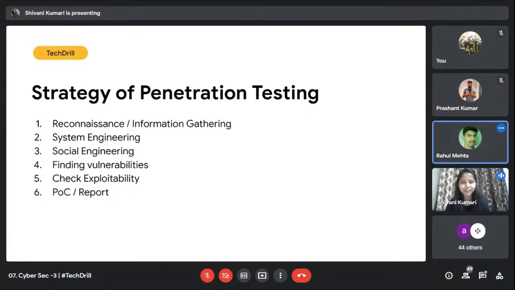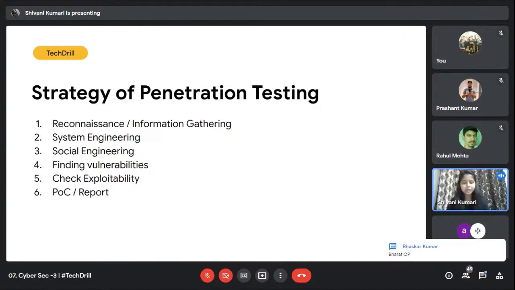Yes, ma'am. Yeah. So sometimes you can even find a vulnerability just by gathering information on a particular application or software. So the next phase is system engineering. System engineering is all about understanding how a system works, how the system is being deployed, or how it has been developed.